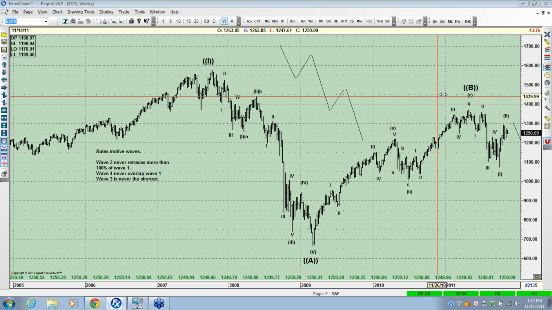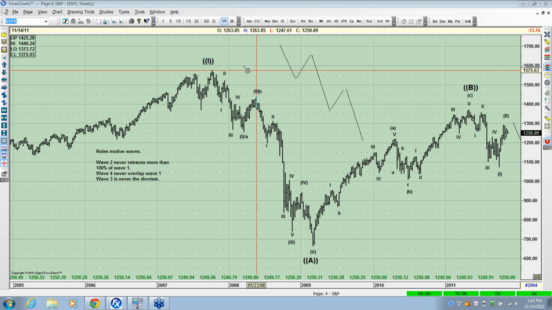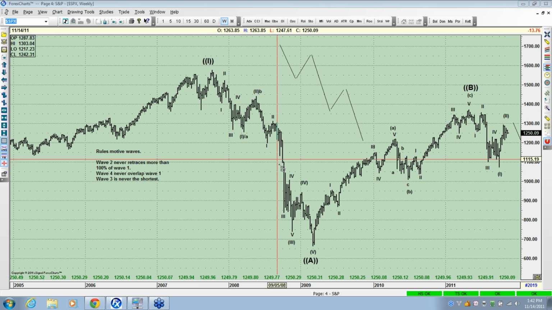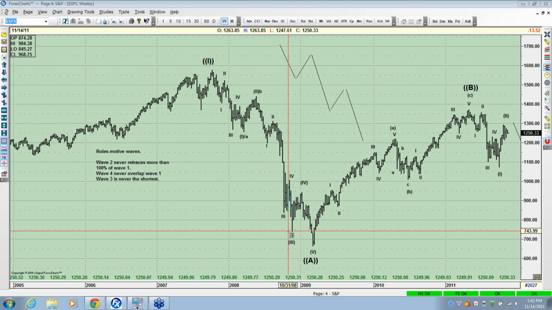In a 5-wave swing, like I said at the beginning, most of the time you have an extended 5-wave swing. Now, if you already know that wave 3 is extended, let's say to 2.618 or 3.618, guess what?